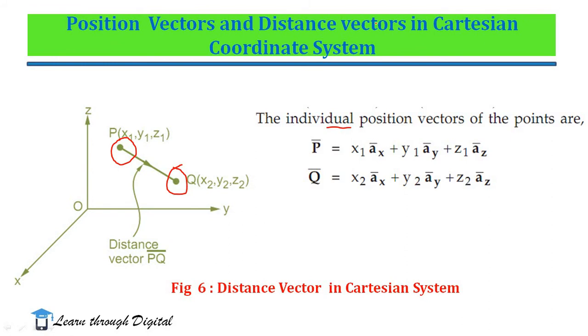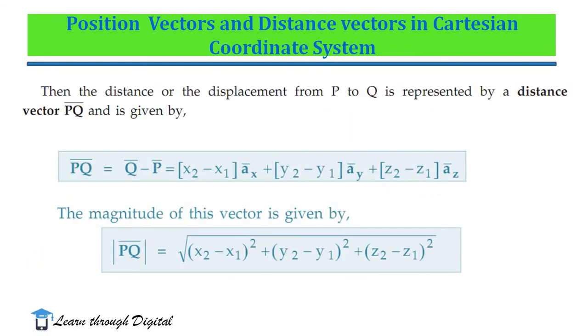Similarly, the position at point Q, Q vector is x2 ax plus y2 ay vector plus z2 az vector. Now we are going to take the difference of P vector and Q vector. We will get the distance vector from P to Q. The distance vector is otherwise called the displacement vector.